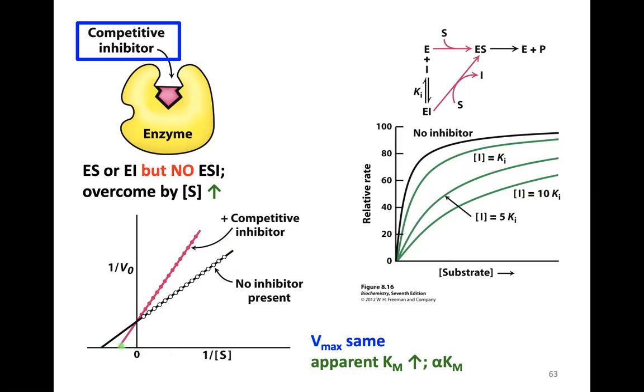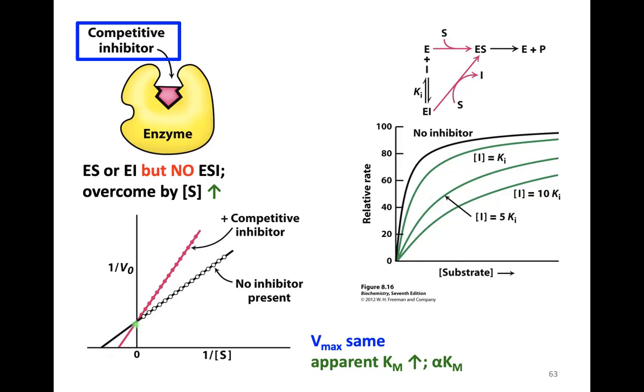The Km, because this is approaching the origin, is telling us that the apparent Michaelis constant is increasing. Or if you think mathematically, there's a prefactor in front of it, okay? So by looking at the Lineweaver-Burk plot, that will help us analyze and identify with these particular characteristics that this is a competitive inhibitor.